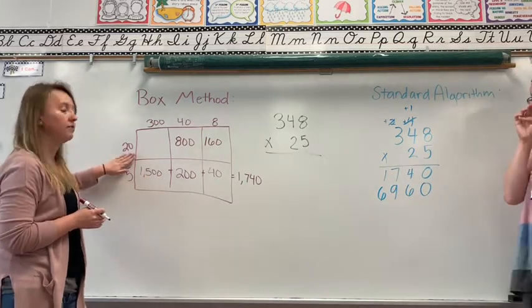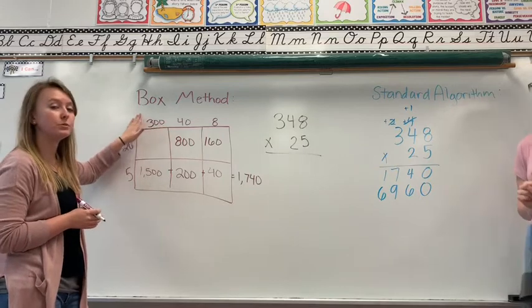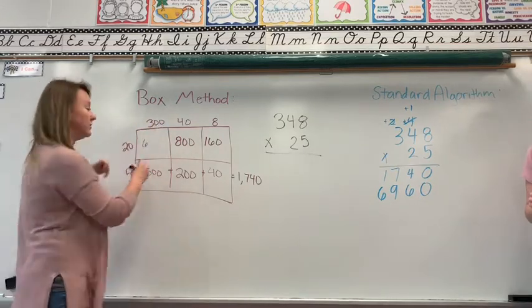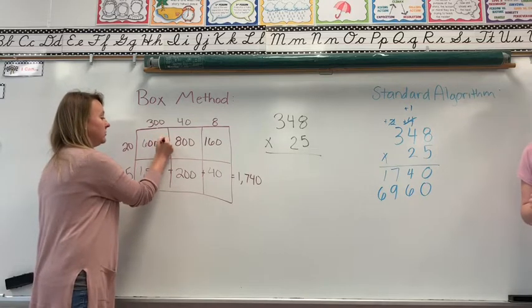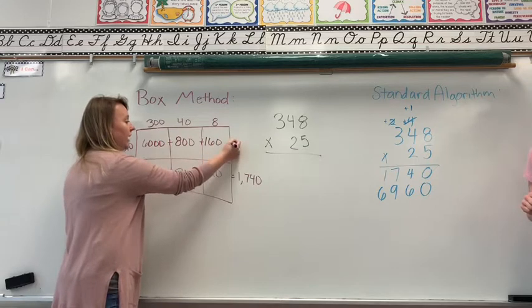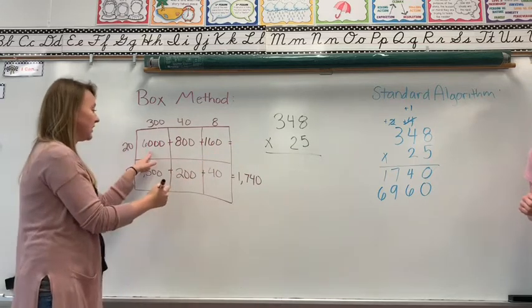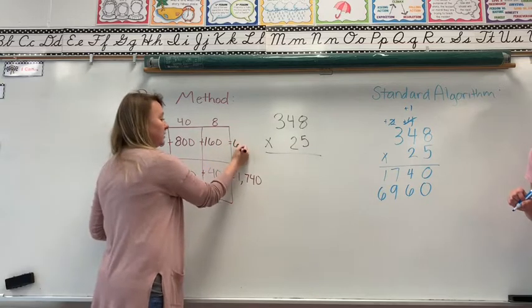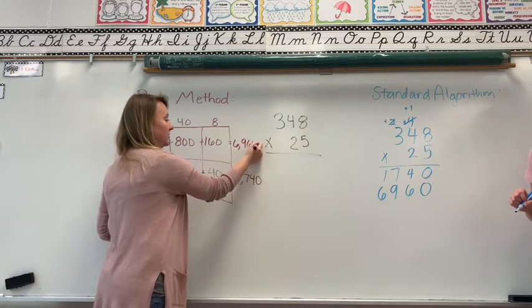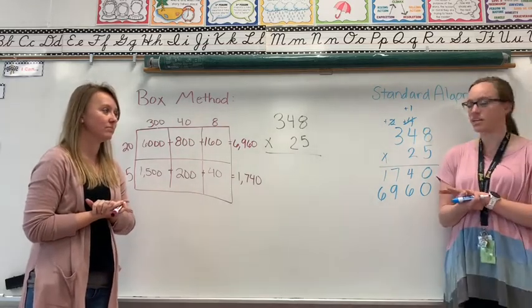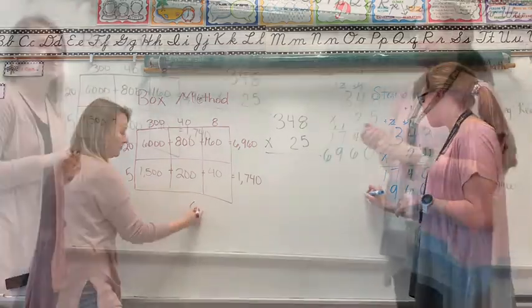And for me, I have 20 times 300, so 3 times 2 is 6, and I have 3 zeros, and I bet you can figure out what I'm going to do next. All I need to do is add these numbers together. 6,000 plus 800 plus 160 is going to end up 6,960. Yep. And the final step for both of these strategies is to add them together.